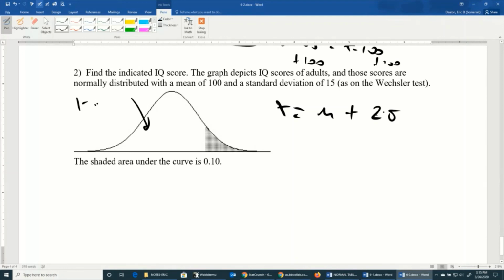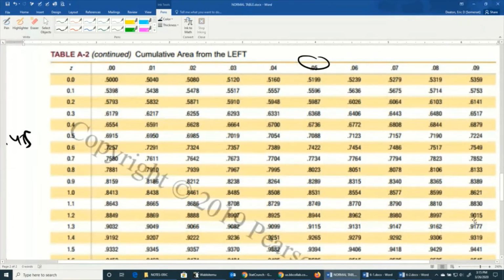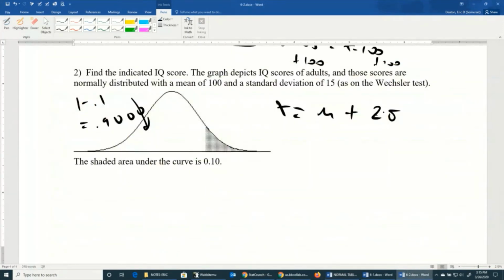That area is 1 minus 0.1, which is 0.9 or 0.9000. Then I can look at the table value for 0.900, as close as I can get to it, which is 1.28. So the z would be 1.28.